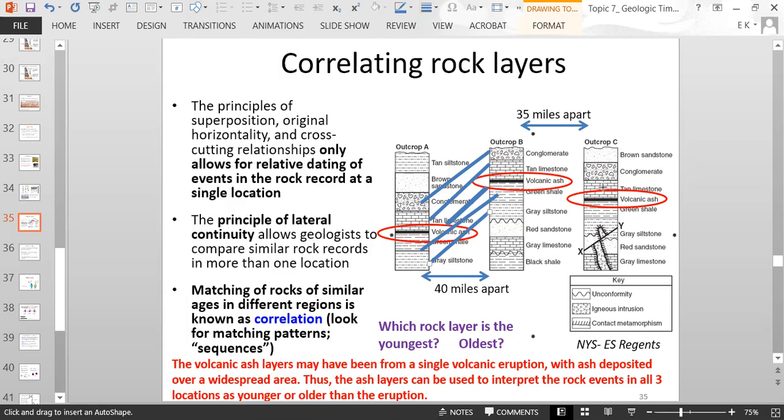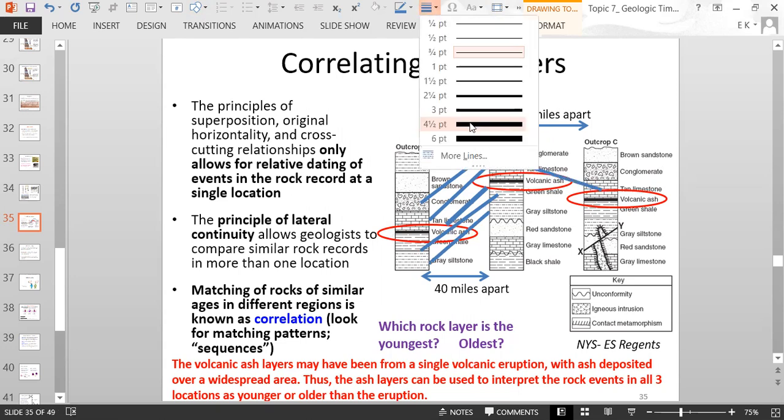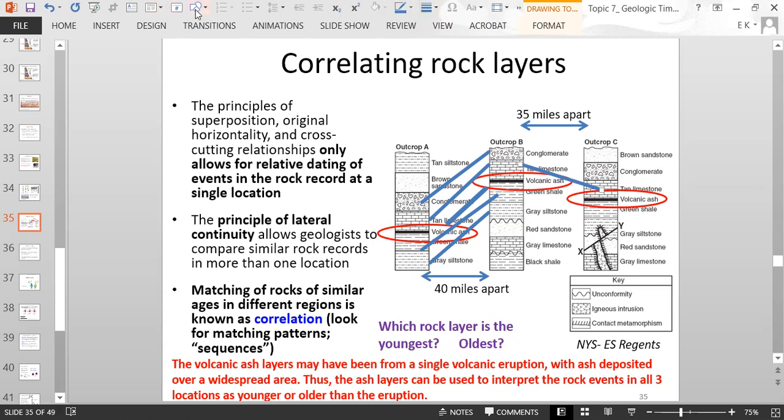And then we look on this side. We also have that tan limestone. And we also have the conglomerate.